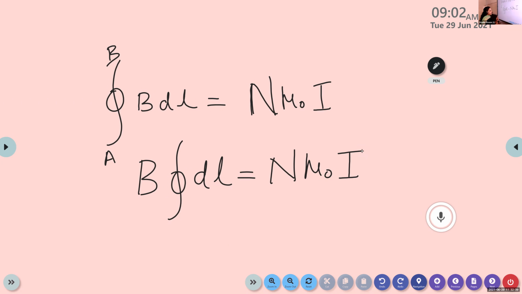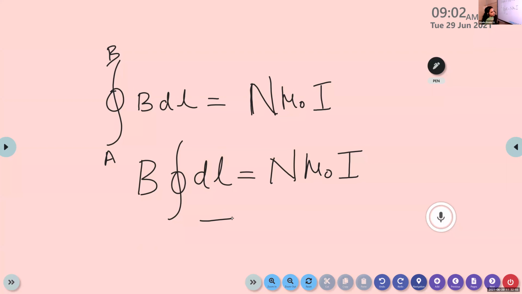Okay. Then what about the integral of the derivative of a function? Here, the integral of the derivative of length is length itself.